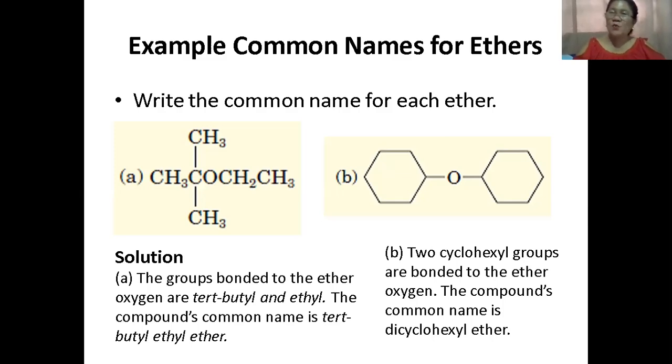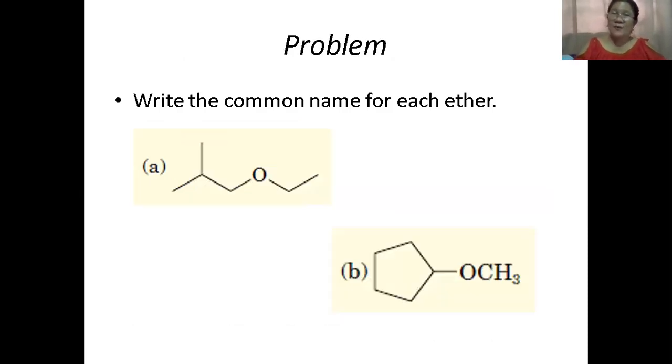Dicyclo, it should end with YL na. Okay, because these are now the alkyl. Na? Kani nga mga side gani are first alkyl group. This second side here is the second alkyl group. Same thing here. This is the first alkyl group, the second alkyl group. That is for ether. Again, I will have this as your sample assignment.